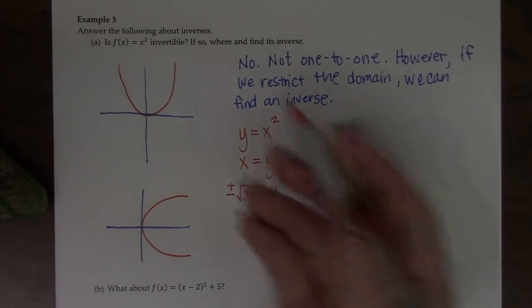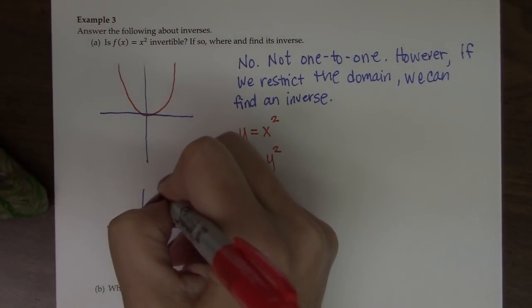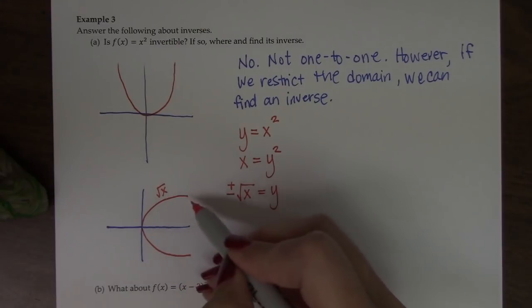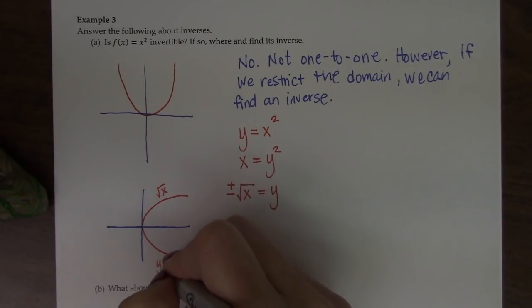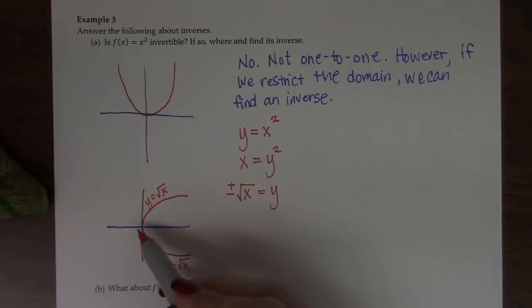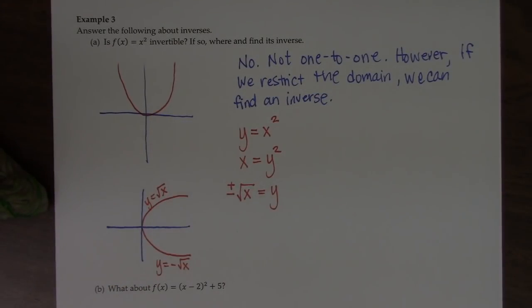And if you look at the picture where we flipped, y equals positive square root of x is this part of the graph, and y equals negative square root of x is the bottom half of the parabola. So we can't invert it unless we do a domain restriction.